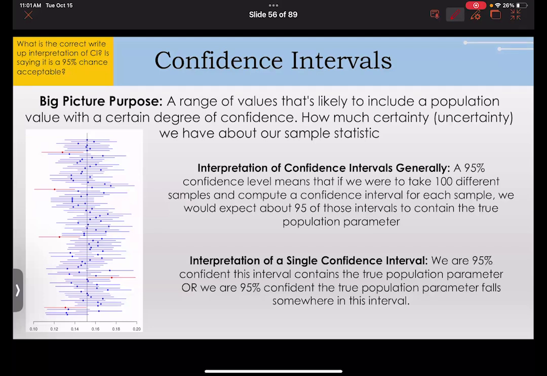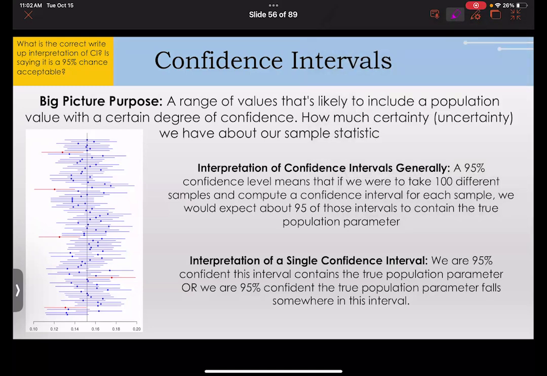So the idea is that a 95% confidence interval means that if we were to take 100 different samples, so each one of these lines on the left is a sample, and compute a confidence interval for each one of them, so each one of those lines is a confidence interval, 95 of them would have the real population mean, or the real population parameter, whatever we're estimating.